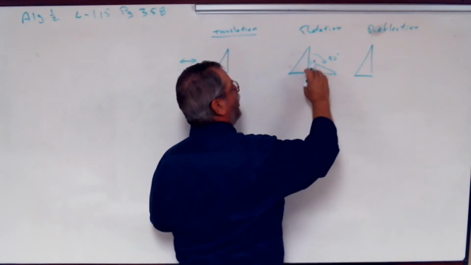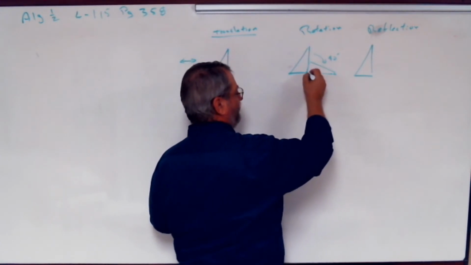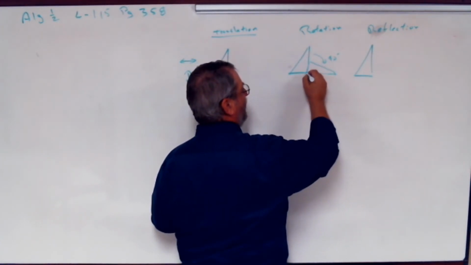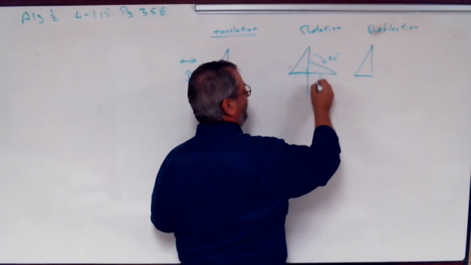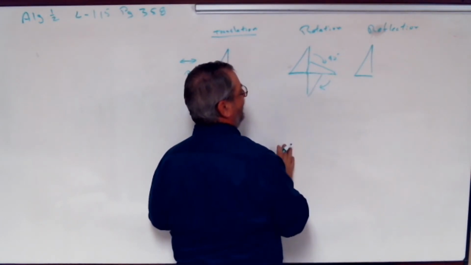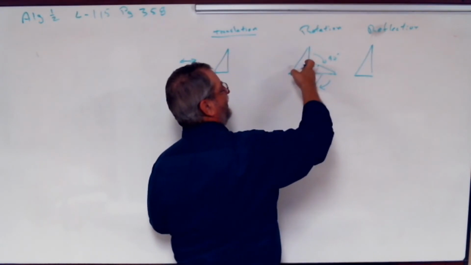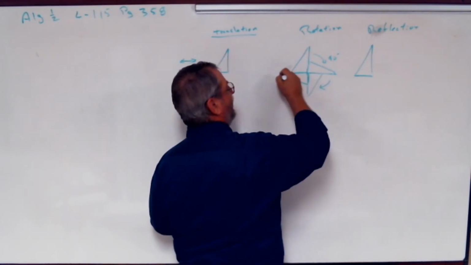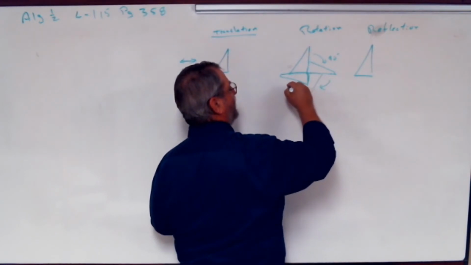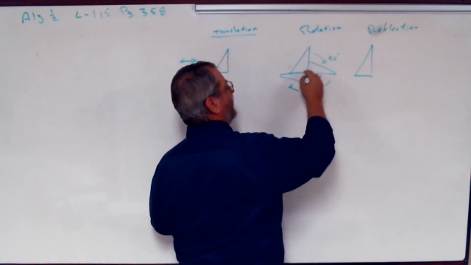If you rotated it again, you'd have this piece here. This would come down here. We'd have this. You rotate it again. Okay, if we rotate it again, it would be right here, like this. We'd rotate it again. This is rotation around a point.